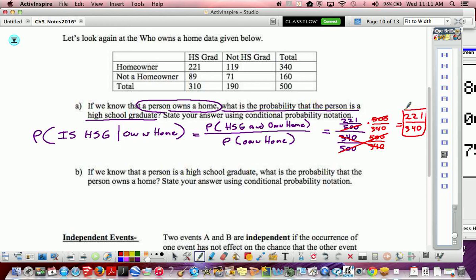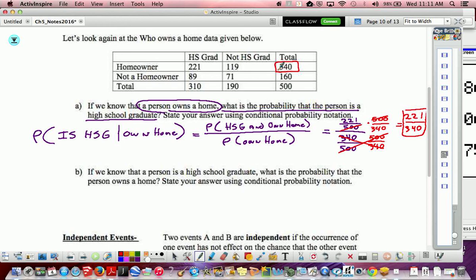You know a person owns a home, don't you? Since you know that, you're just concentrating on these 340 people. Of those 340 people, how many are high school grads? 221. 221 out of 340, do you get the same answer?